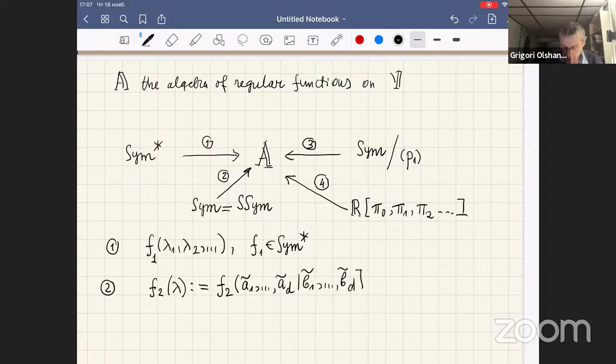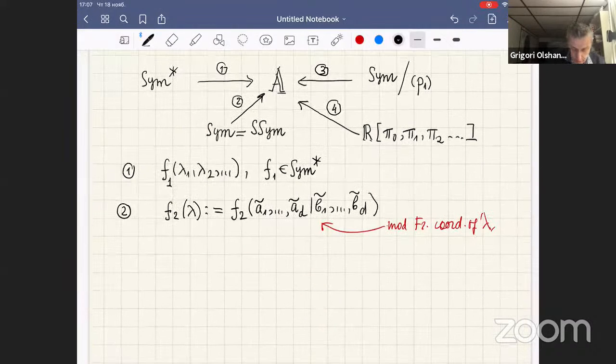These are modified Frobenius coordinates of lambda. And what next?